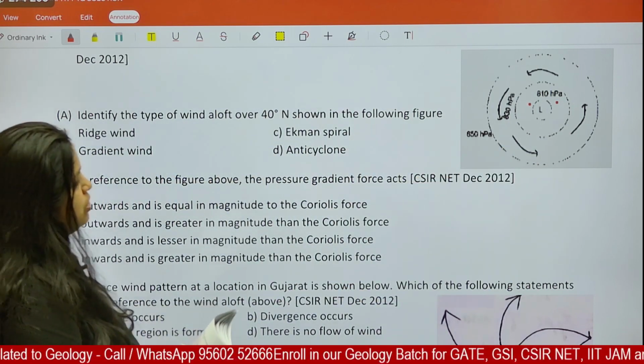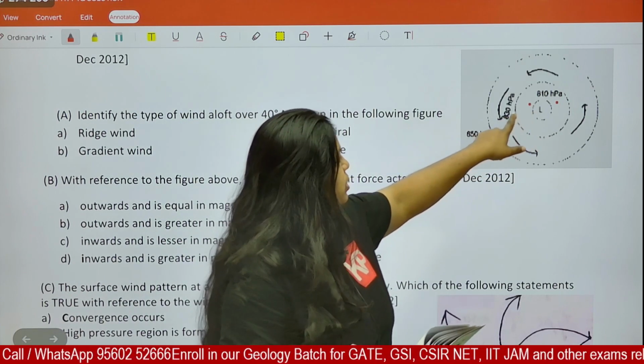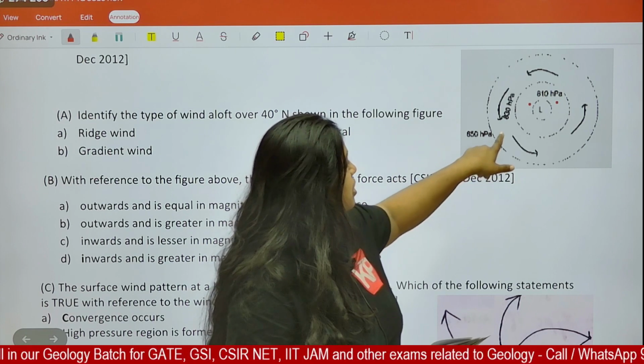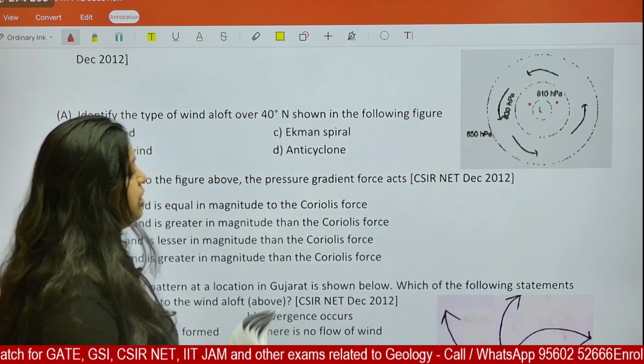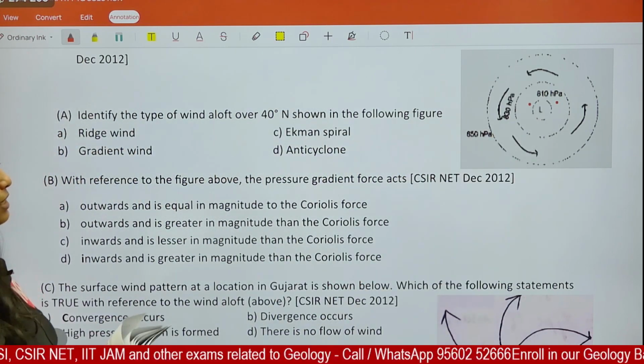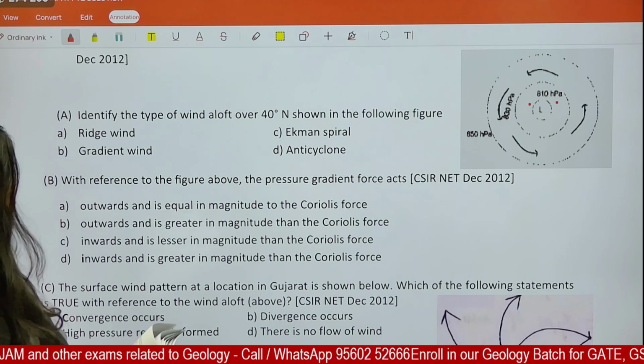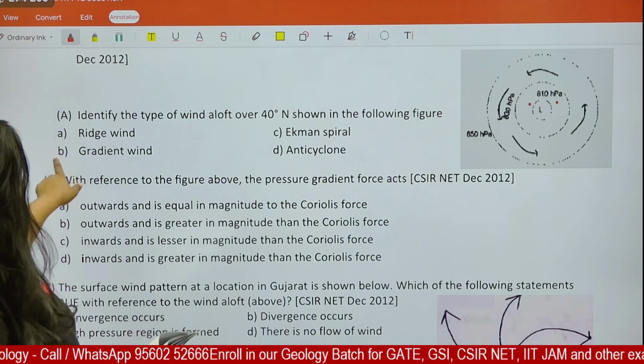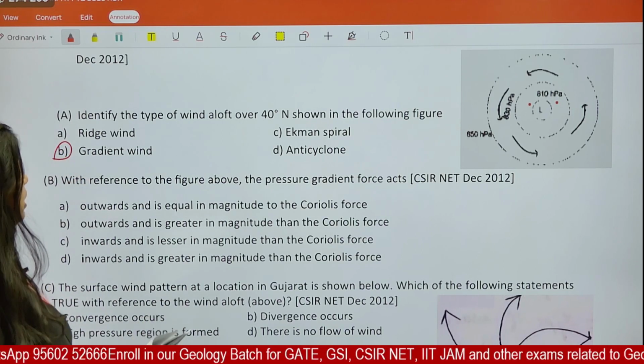The pressure actually increases outward. This is 850 hectopascal, this is 810 hectopascal over there. So the variation in pressure can also be identified. This is almost a gradient wind shown over here.